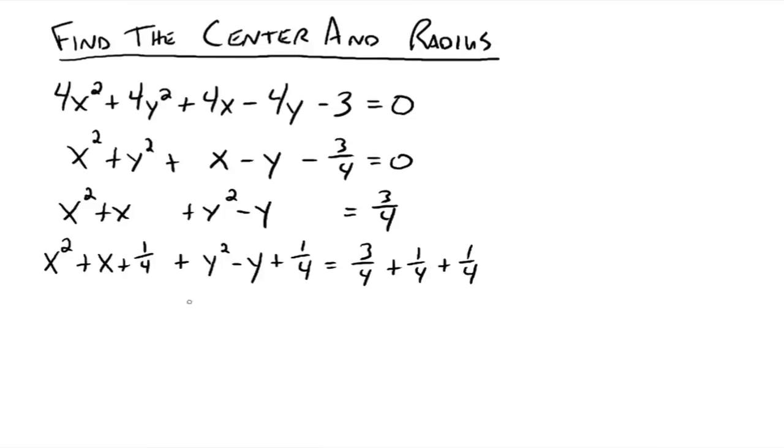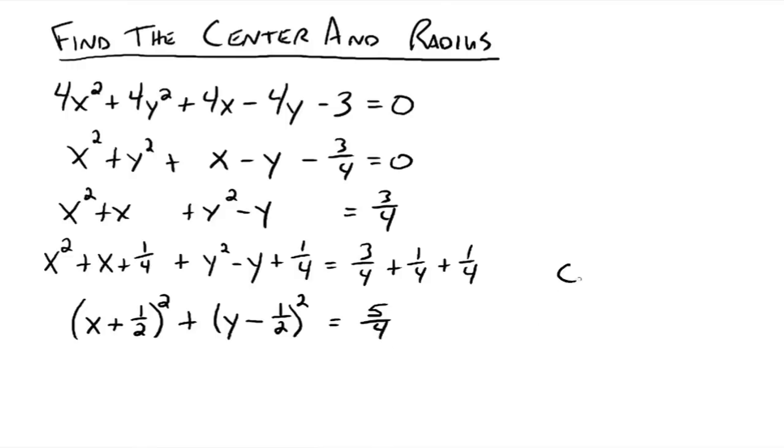That automatically makes our trinomials factor to the letter you're playing with, the sign of the middle term. What number did we square to get 1/4? We squared a half, so x plus a half squared, plus letter you're playing with, y, the sign of the middle term, the number that you squared to get 1/4 is a half, and then 3/4 plus 1/4 plus 1/4 would be what? 5/4.